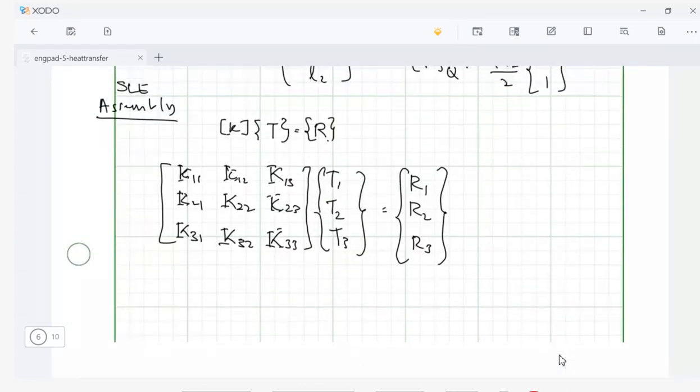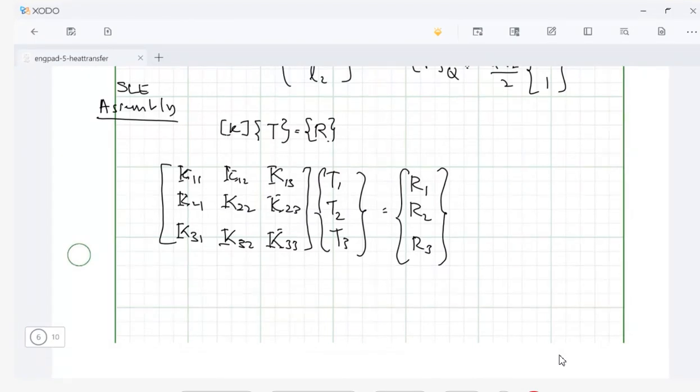Okay, look at this. What would we do after this? We assemble the global SLE. So what's next? In the case of solid mechanics, what do we have to do? Can you solve for T1, T2, and T3 in this case?